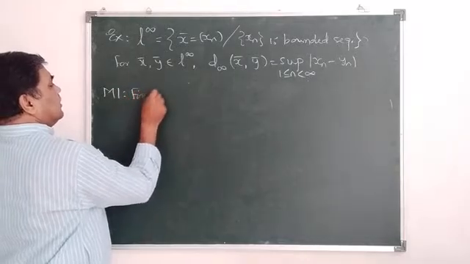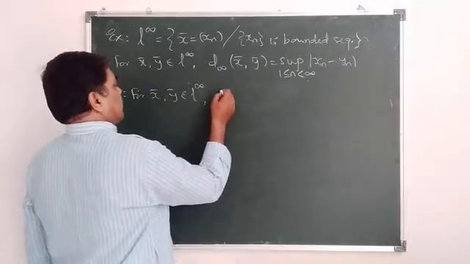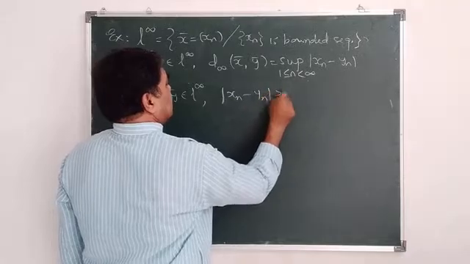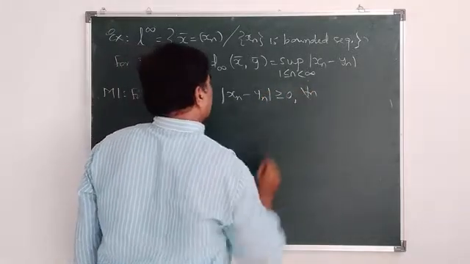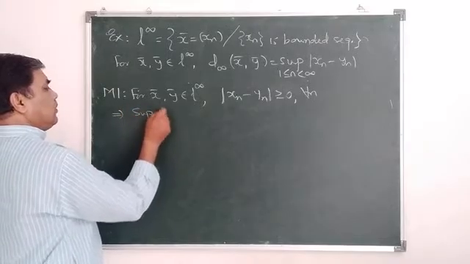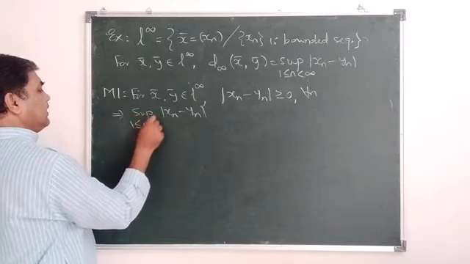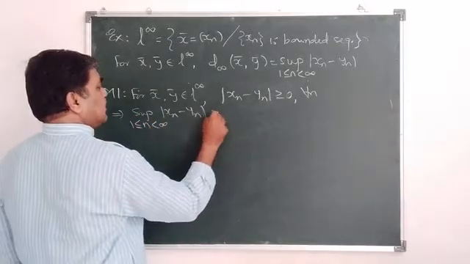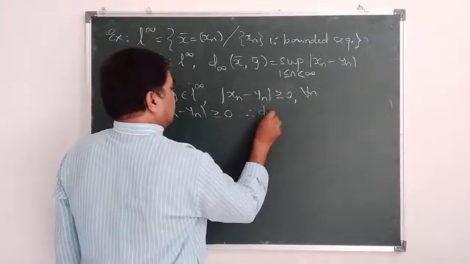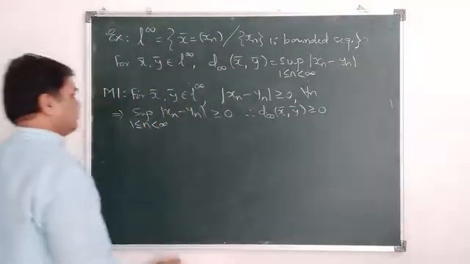For x bar y bar belonging to L infinity, mod of xn minus yn is greater or equal 0 for every n, implies supremum of mod xn minus yn, where n varies from 1 to infinity, must be greater or equal 0, and therefore D infinity of x bar y bar is greater or equal 0.